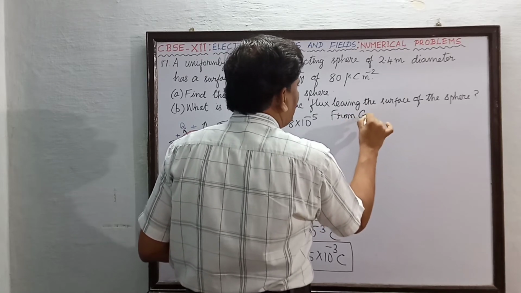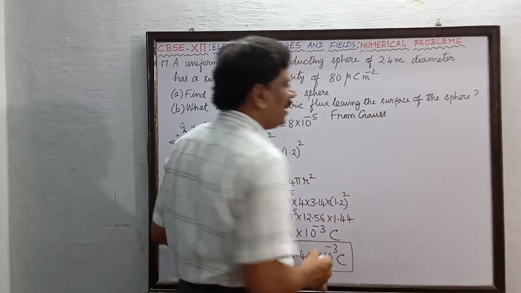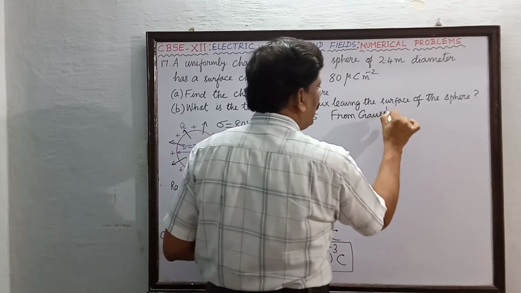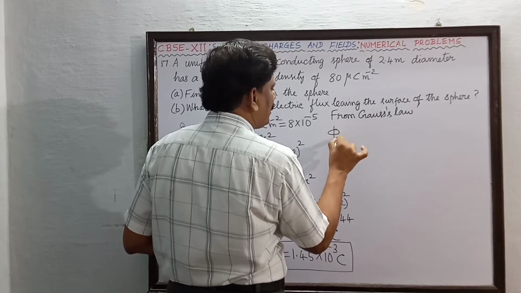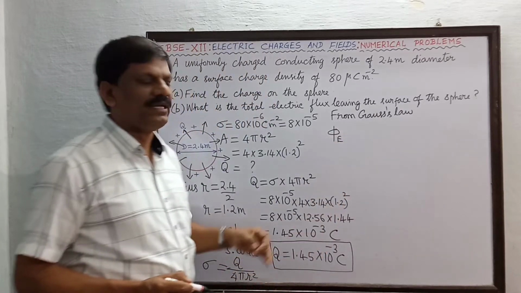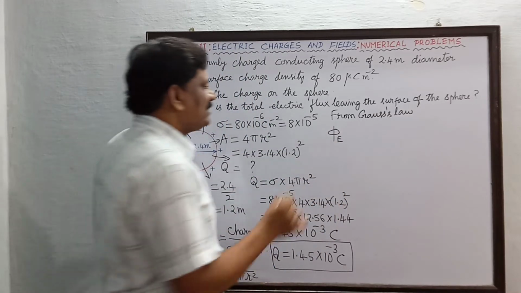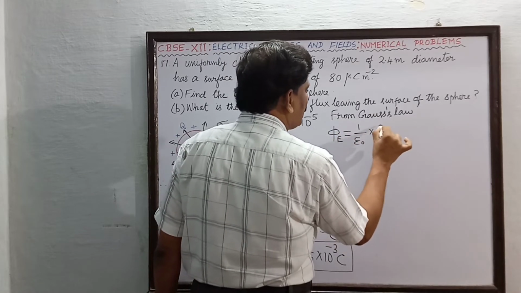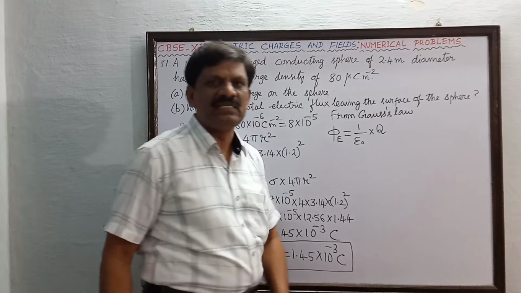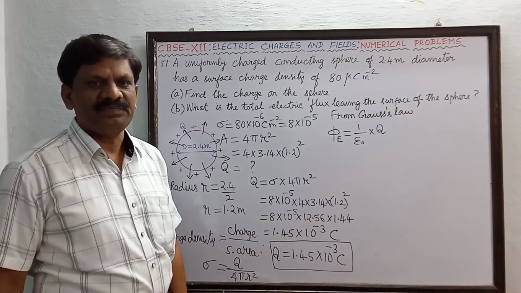So we will remember then and there what principle or law is used also. So we are using the Gauss law. The total flux of the electric field, that is denoted by phi E, is equal to 1 by epsilon naught times the total charge which is enclosed by the sphere.